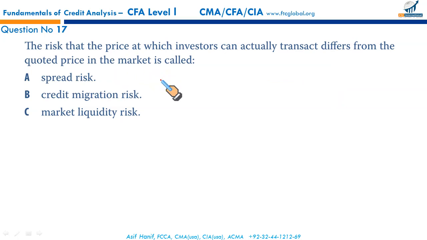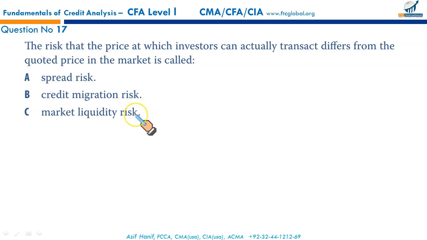Next is the credit migration risk. We have discussed it in our reading. Credit migration, or sometimes called the credit downgrade risk, is a risk that a bond issuer's creditworthiness may deteriorate, resulting in higher risk of default, right? And then what is market liquidity risk?